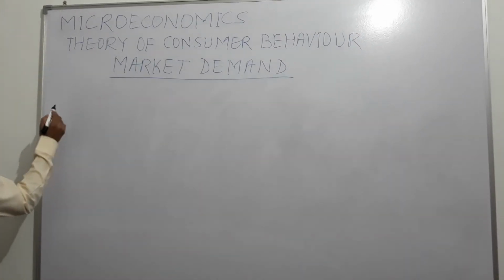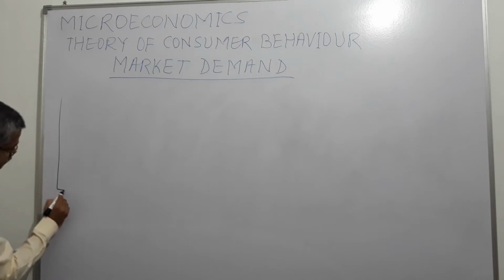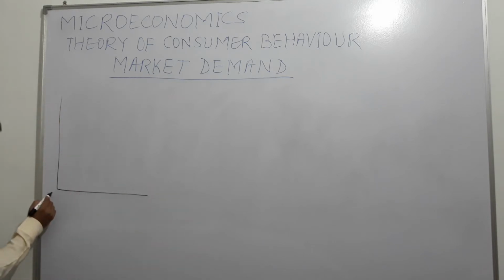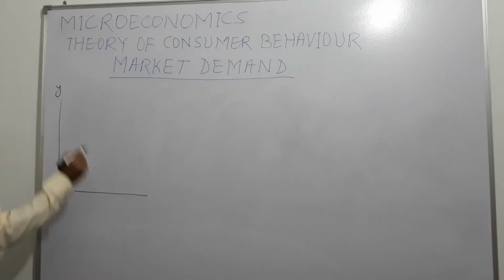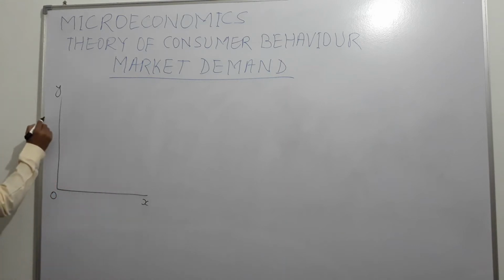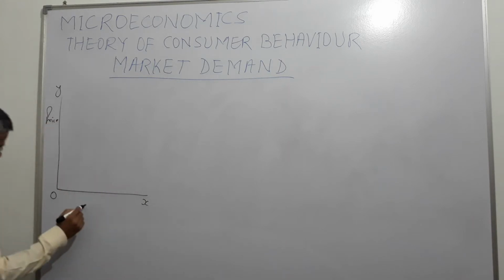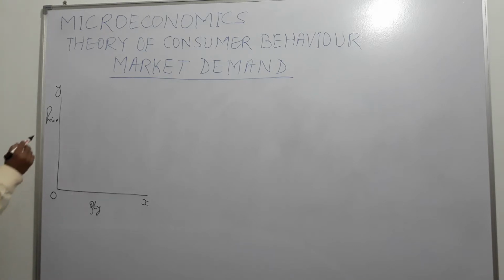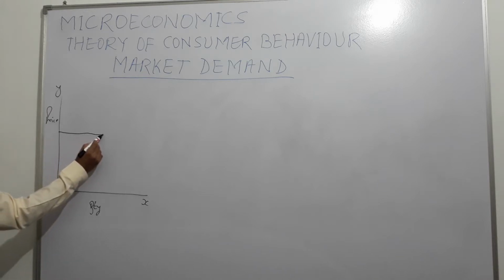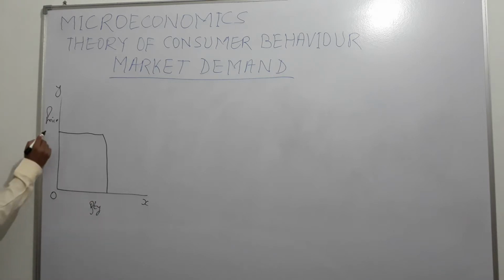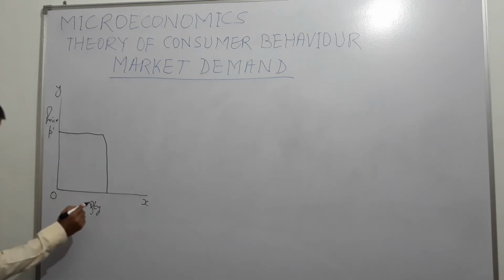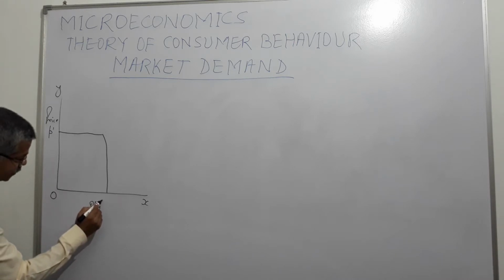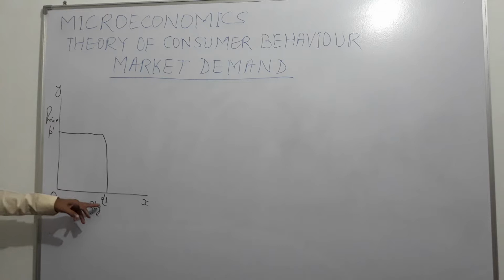Since there are two consumers, we draw axes O, Y, X, with price and quantity. At P prime, this is the quantity demanded, Q prime 1, quantity demanded by customer 1.